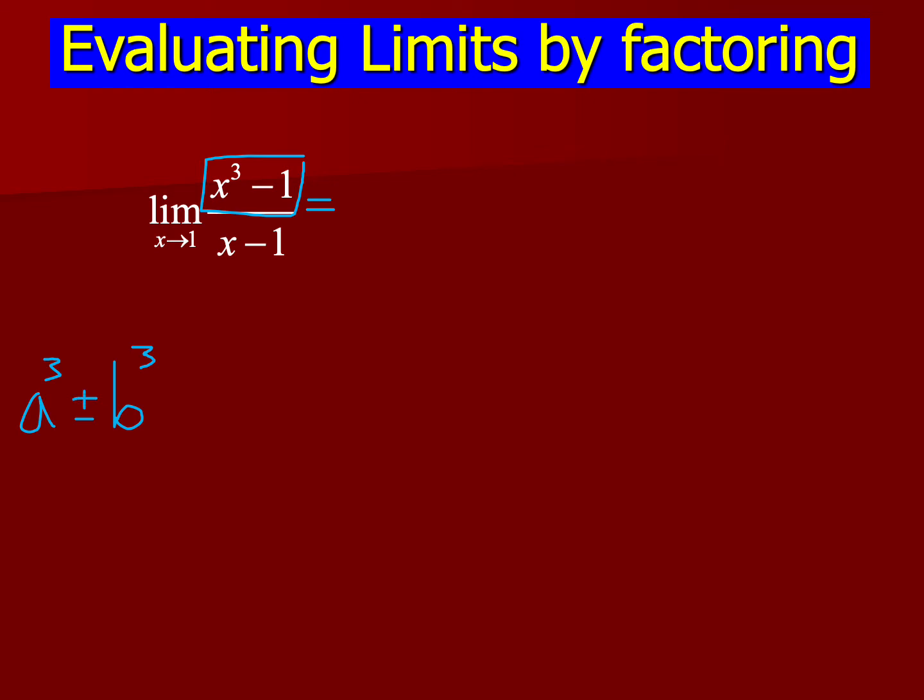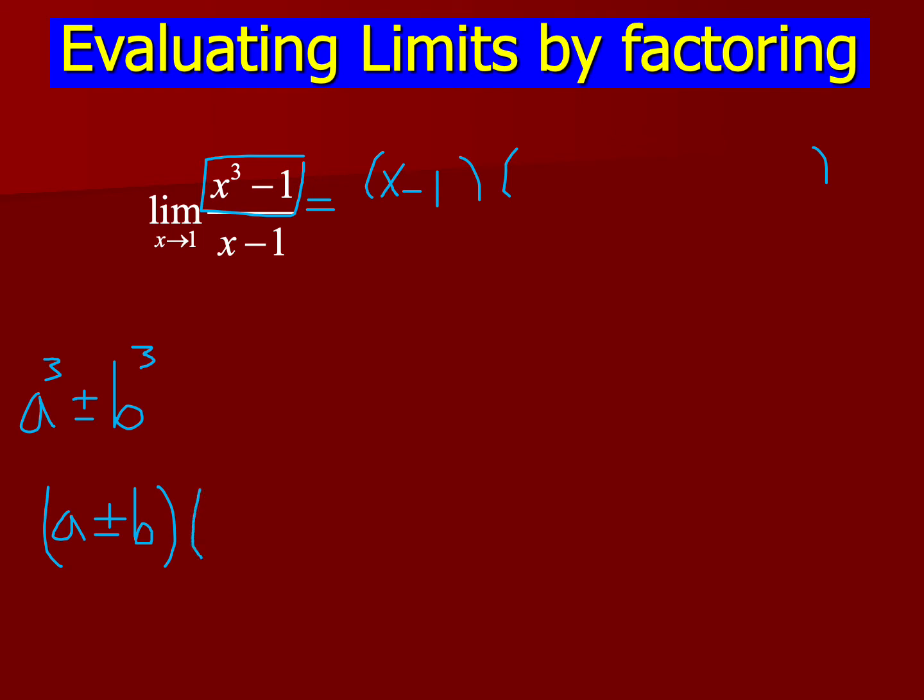With the difference between two cubes, I need to write a small bracket and a big one. For the small bracket, I take only a minus or plus b, which means here x, and the cubic root of 1 is 1, so x minus 1.